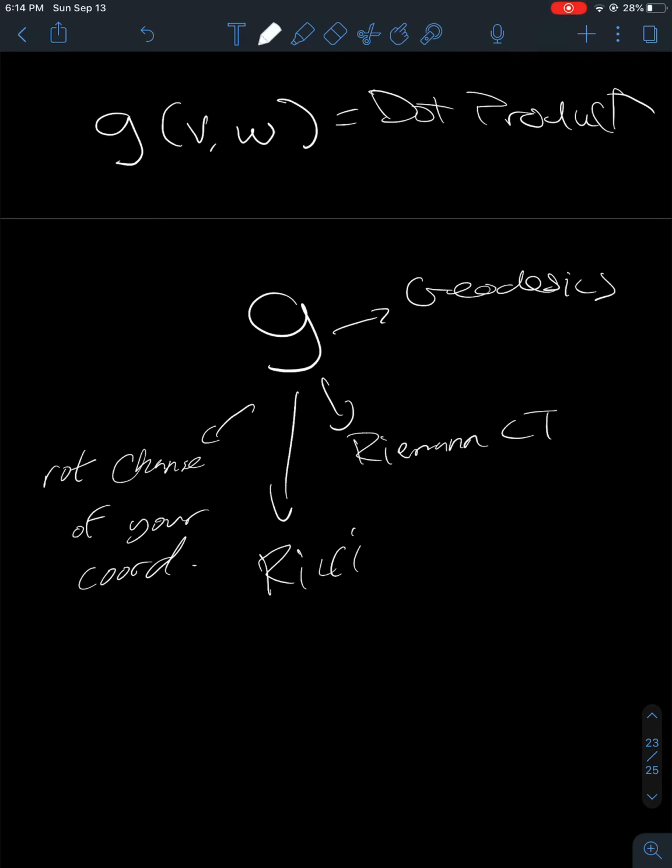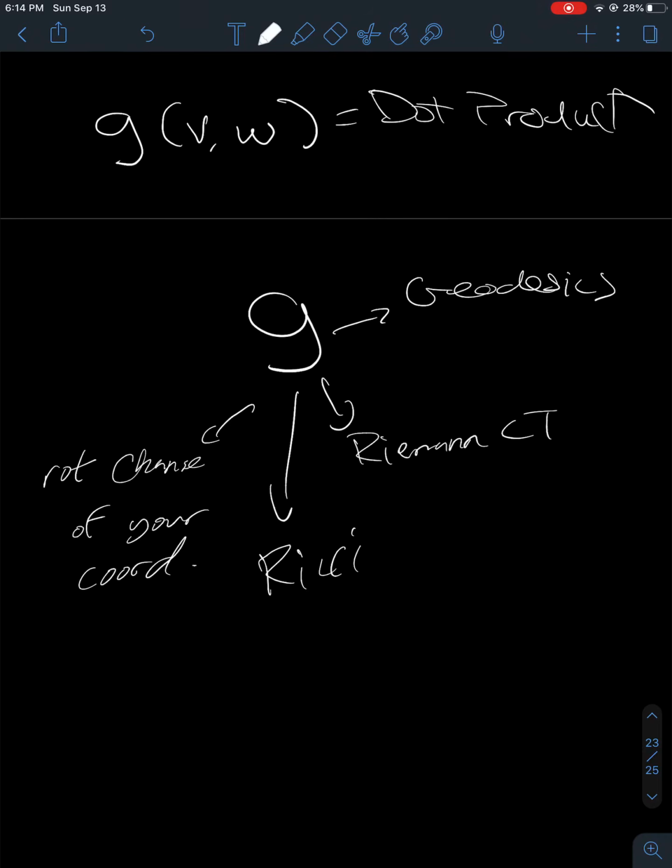All geometry that you can do on your space will depend on your metric tensor, which is why the metric tensor is such an important tensor in not just differential geometry, but in general relativity as a whole.